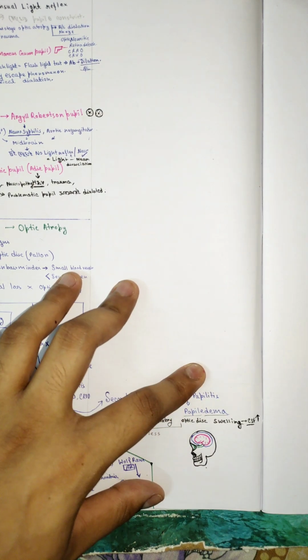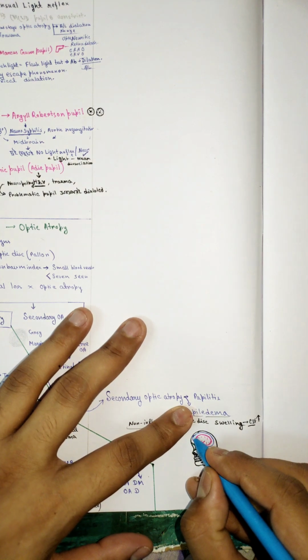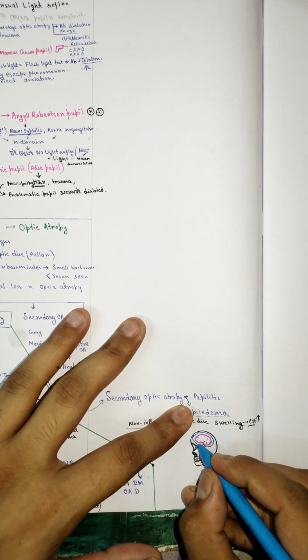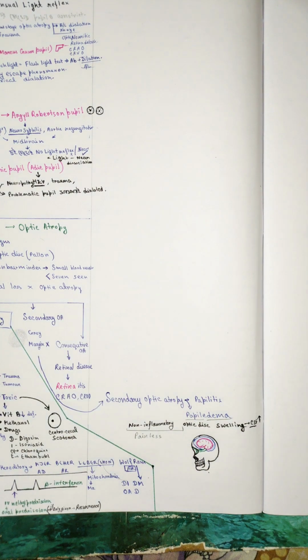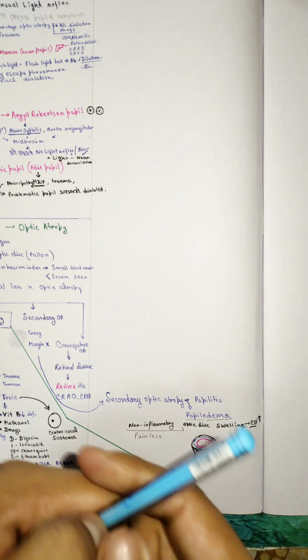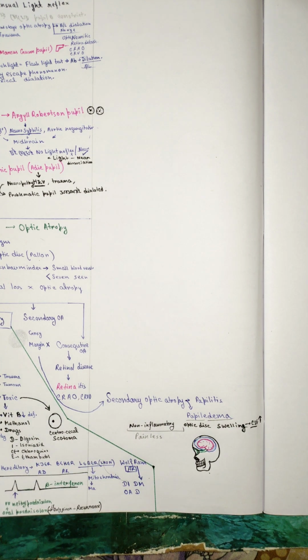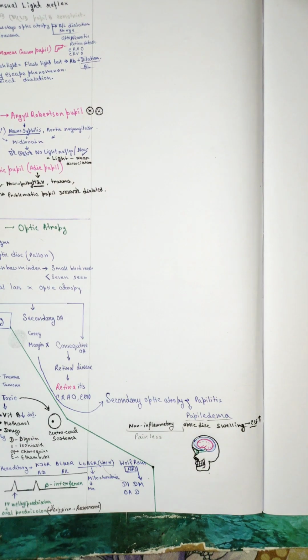If the pressure inside this increases, that means CSF is getting increased, it will cause pressure on the optic nerve of both eyes. It will simply compress the optic nerve in both eyes. That will block the transmission of nerve conduction. Ultimately that will cause a stasis, and in stasis obviously that will make many problems. So let's discuss one by one.